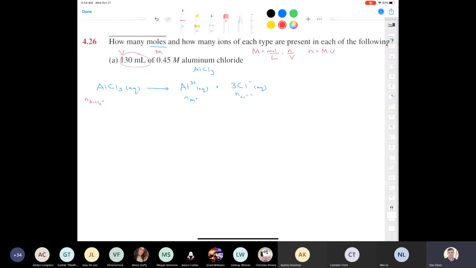I'm going to convert this into liters in my head, so divide by 1,000. So I have 0.130 liters times 0.45 moles per liter.